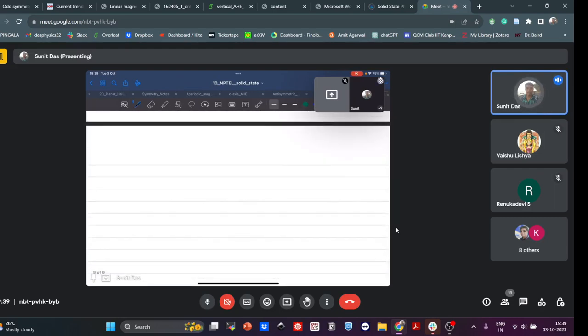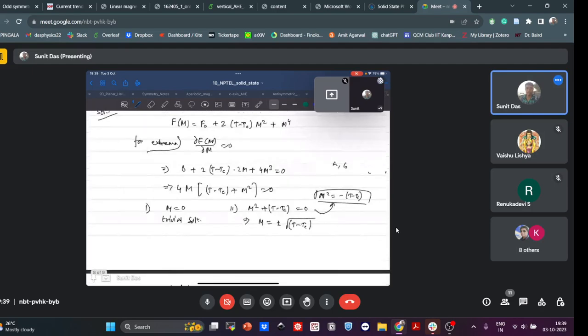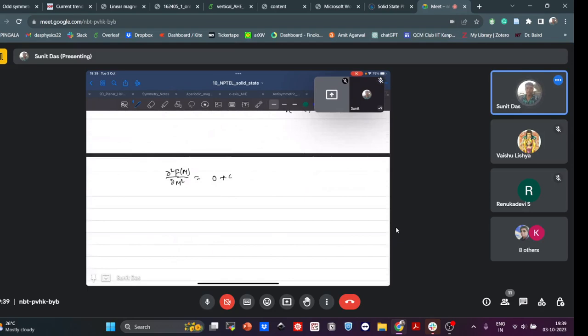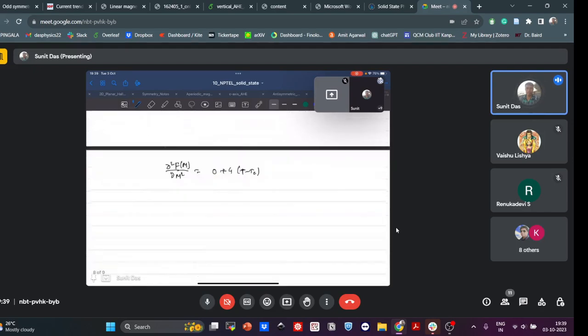So for minima, we need to find the double derivative. So the double derivative will be 0 plus, from this expression, 4 into t minus tc and then 12 m squared.